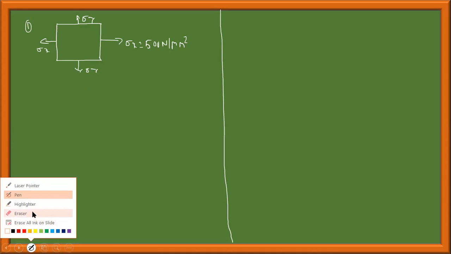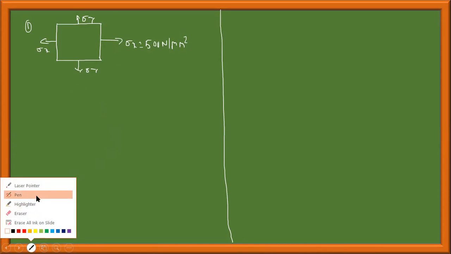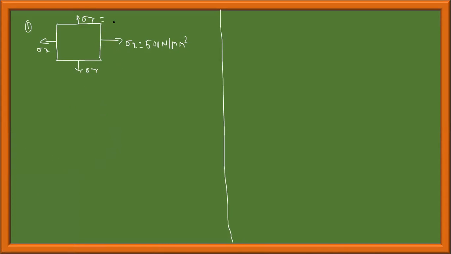The body is subjected to normal stress sigma x of magnitude 500 Newton per mm square, and sigma y is of magnitude 300 Newton per mm square.